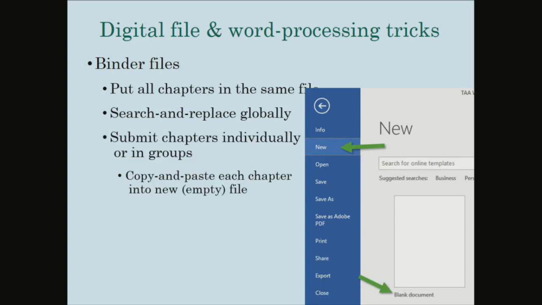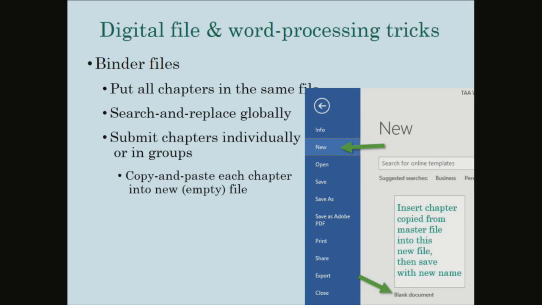Okay, so then if your publisher wants them back, your draft or the version you're sending back to your publisher, if they want them in a chapter by chapter thing, that's easy to do as well. You just go in and select the text of chapter 1 and copy it into a new file and name that chapter 1.